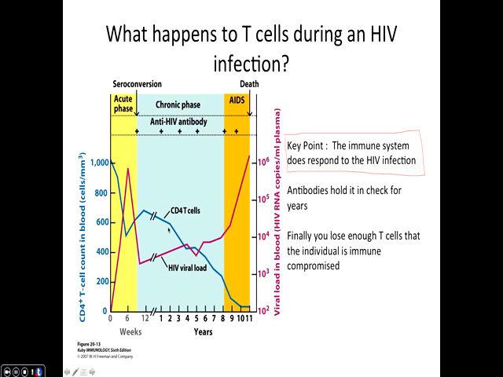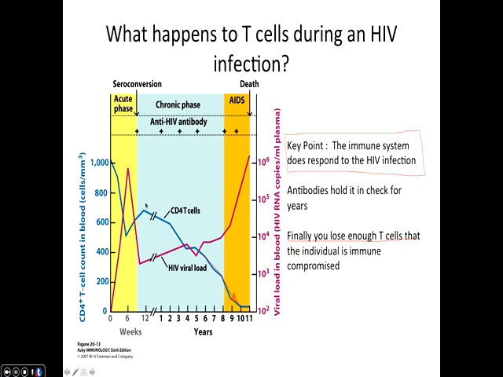CD4s are being produced in mass quantities, and it's held in check for years, and then finally you hit this breaking point where the T cells become too low. Then you become immunocompromised, and that's the immunodeficiency part of the disorder, and your viral load goes way up. That understanding helped people understand how to develop some of the treatments.